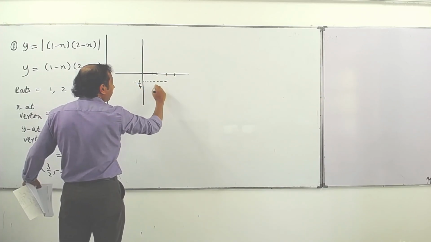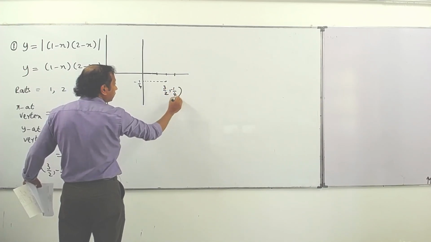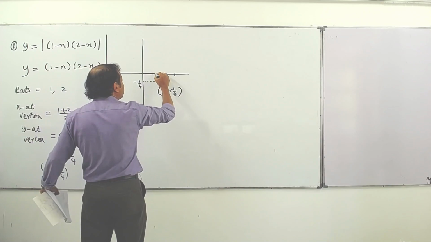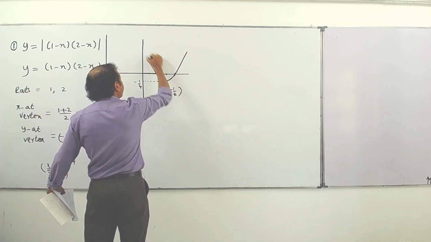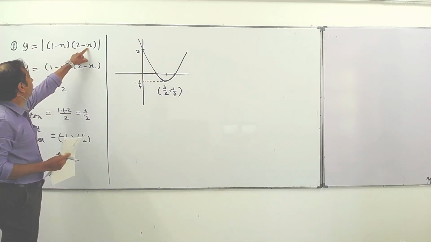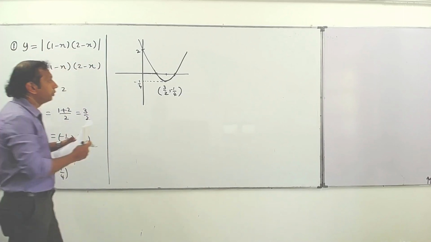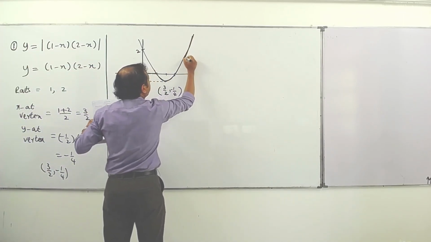This midpoint is 3 by 2. You see, the graph is like this. This point is 2, when you put x equals 0 here. This is the graph without the modulus.